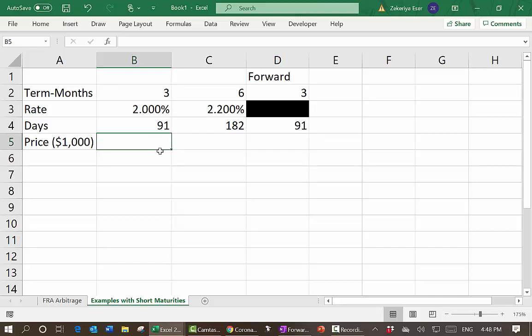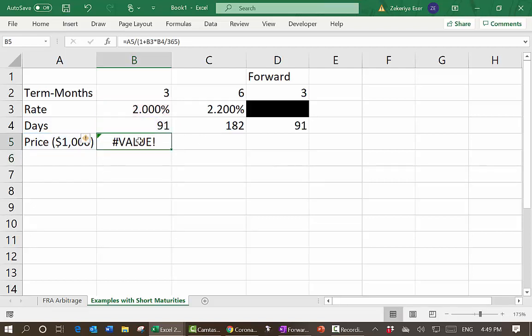So if you have a bond that's going to pay you $1,000 in 3 months, which is thought of as 91 days in the money market, you take the $1,000 and divide it by 1 plus the period interest, which is the rate times the number of days in the term divided by 365.